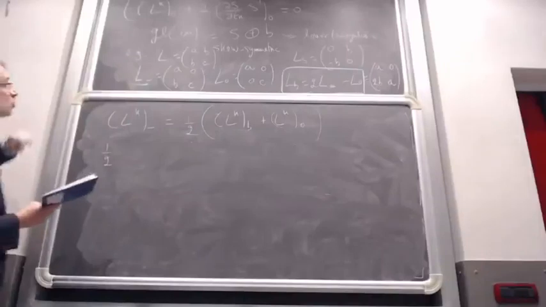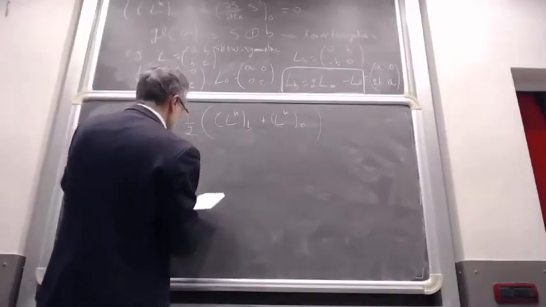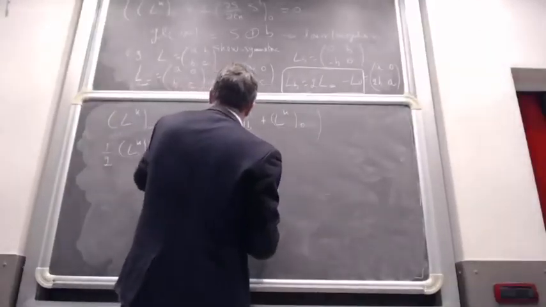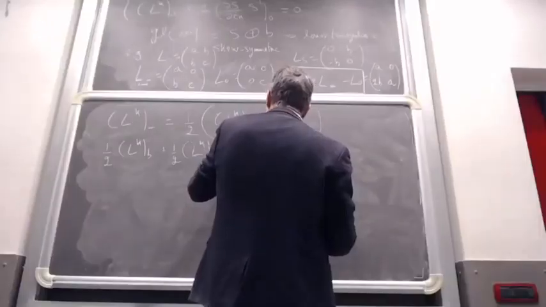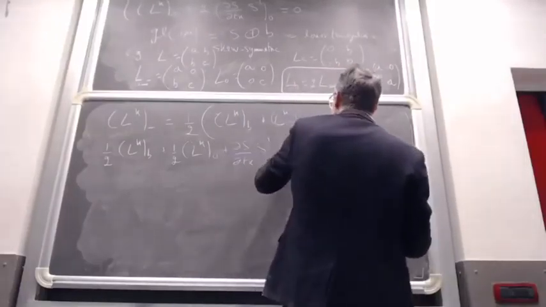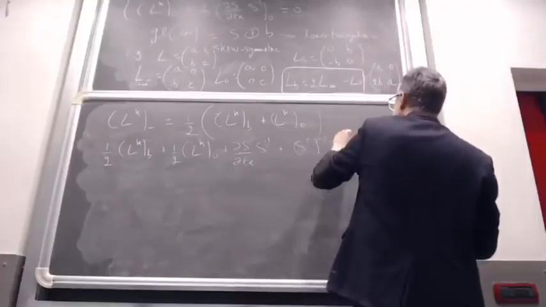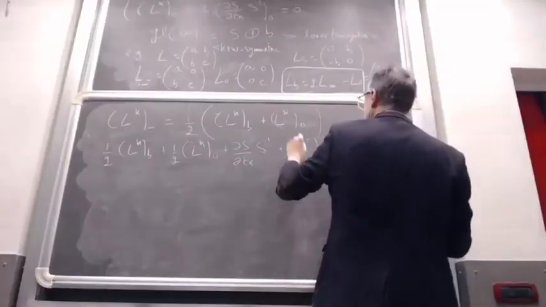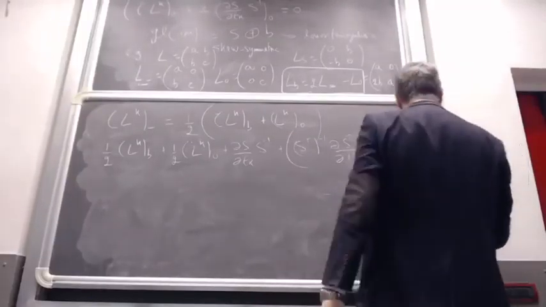So substituting into the first, right? 1 over 2 L^k_B plus 1 over 2 L^k_0 plus the derivative of s with respect to tk, s to the minus 1, plus s transpose to the minus 1, ds transpose by dtk, and this is the diagonal part, right?